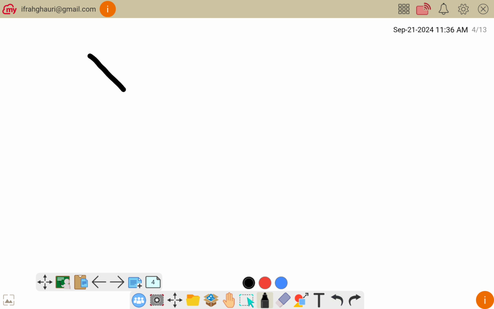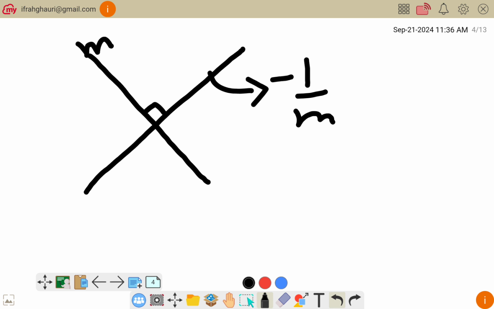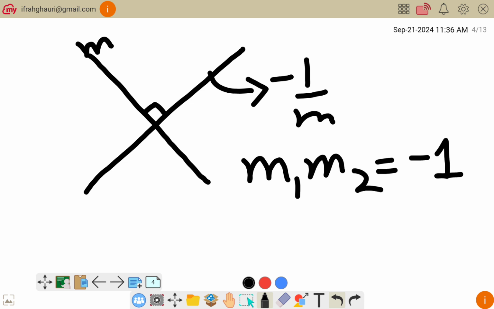Now, what happens when the lines are perpendicular to each other? Let's suppose the gradient of this line is m. Then the gradient of the other line will be minus 1 over m. When two lines are perpendicular to each other, the product of their gradients m1 and m2 is equal to minus 1.